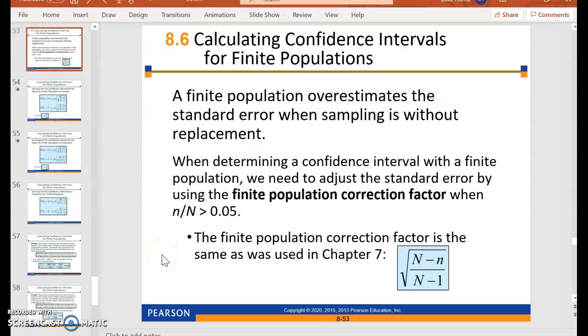Here, remember we talked about if the sample size divided by the population size is greater than 0.05, meaning the sample is more than 5% of the population. If this is true, then we have to add this finite population correction factor to the existing formula.